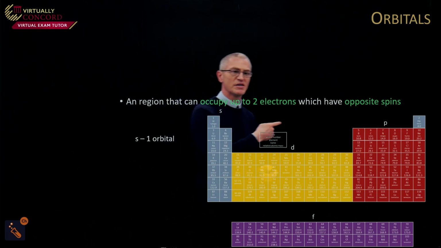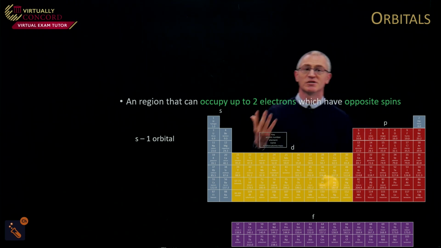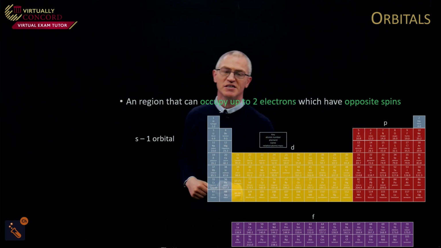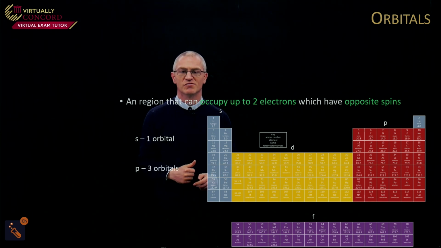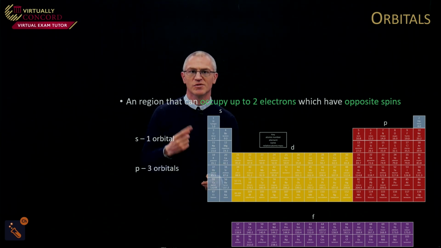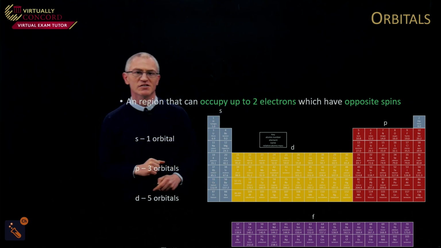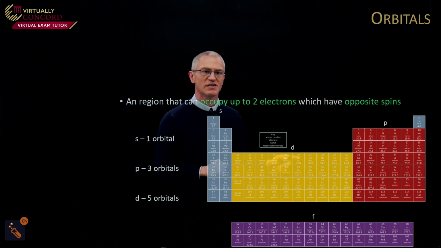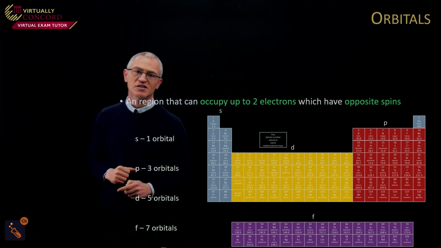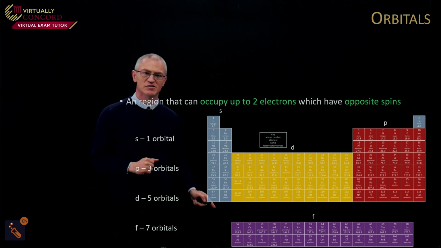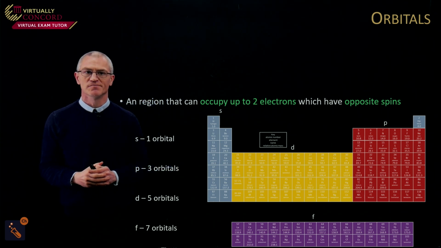We then look at the p and we can see there are 6 boxes going across here, which means 6 electrons added across the p subshell. 6 divided by 2 means 3 orbitals. Remember, those orbitals can occupy 2 electrons. That's why I'm dividing by 2. We then look at d. There's 10 boxes, 10 electrons, so 10 divided by 2 is 5. So we have 5 orbitals. And then there's 7 orbitals in f because there are 14 electrons added across the f subshell.